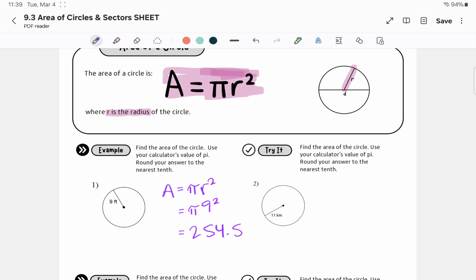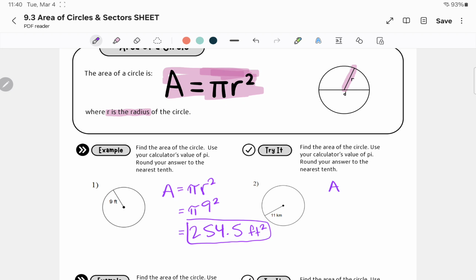It's that x squared key. If you're using the calculators in the classroom, it is the button down on the left, and that squares it for you. And either way, you get 254.5, and our unit is feet, so it's going to be feet squared because this is the area. All right, so go ahead and try number 2 on your own.